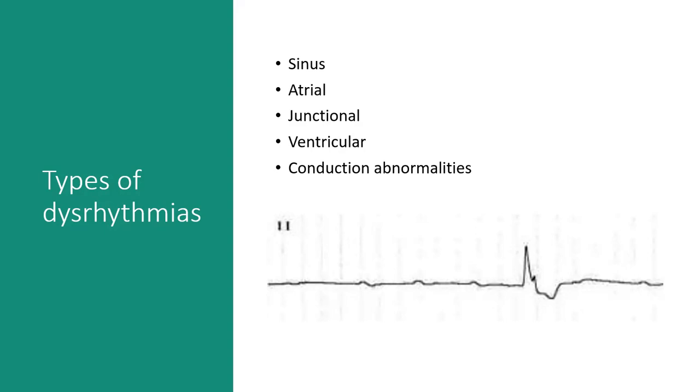So these are premature ventricular complexes, our VT, our VFib, our idioventricular rhythms, and our ventricular asystole. So all your ventricular dysrhythmias are going to have ventricular within the name. And then we've got conduction abnormalities, which is our first, second, and third degree heart blocks.